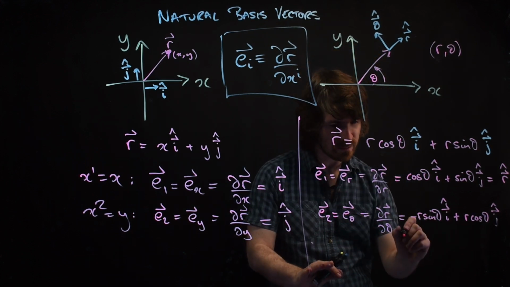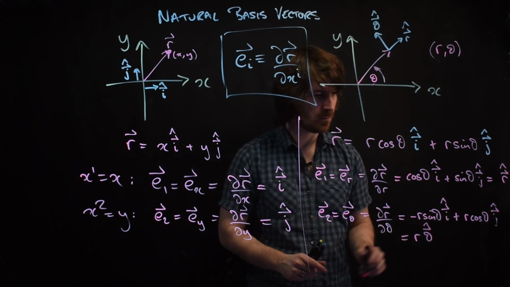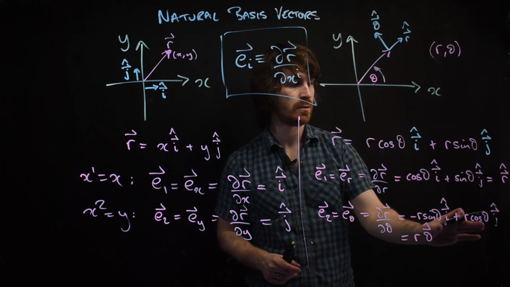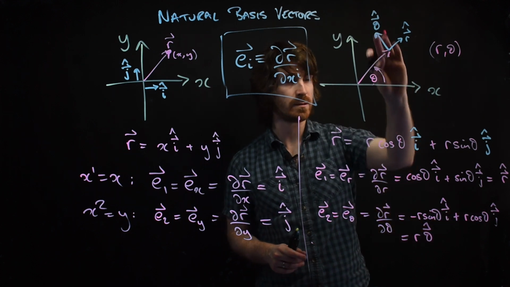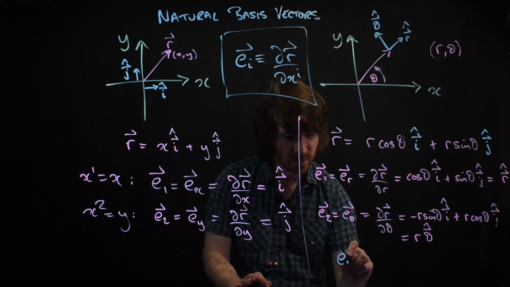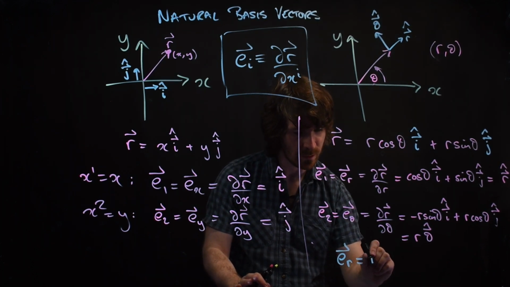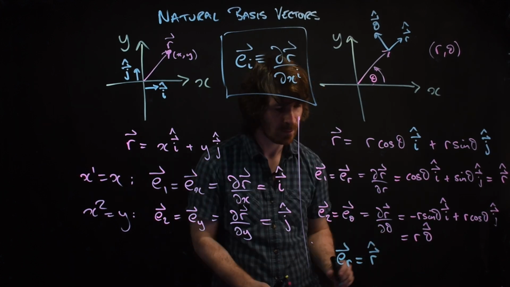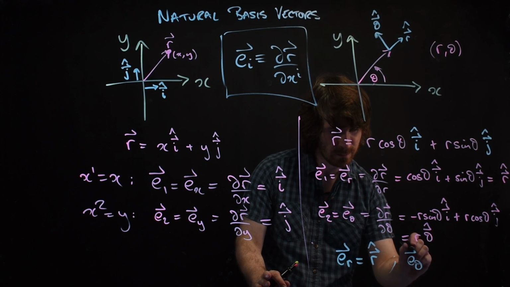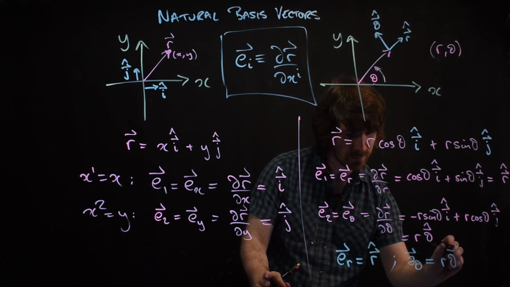We can write this as r theta hat, where theta hat is minus sine theta i plus cosine theta j hat. That's this vector here. So we find that our first basis vector E1, which is E_r, is equal to r hat, but our second natural basis vector, E_theta, is not a unit vector, it's r times a unit vector.